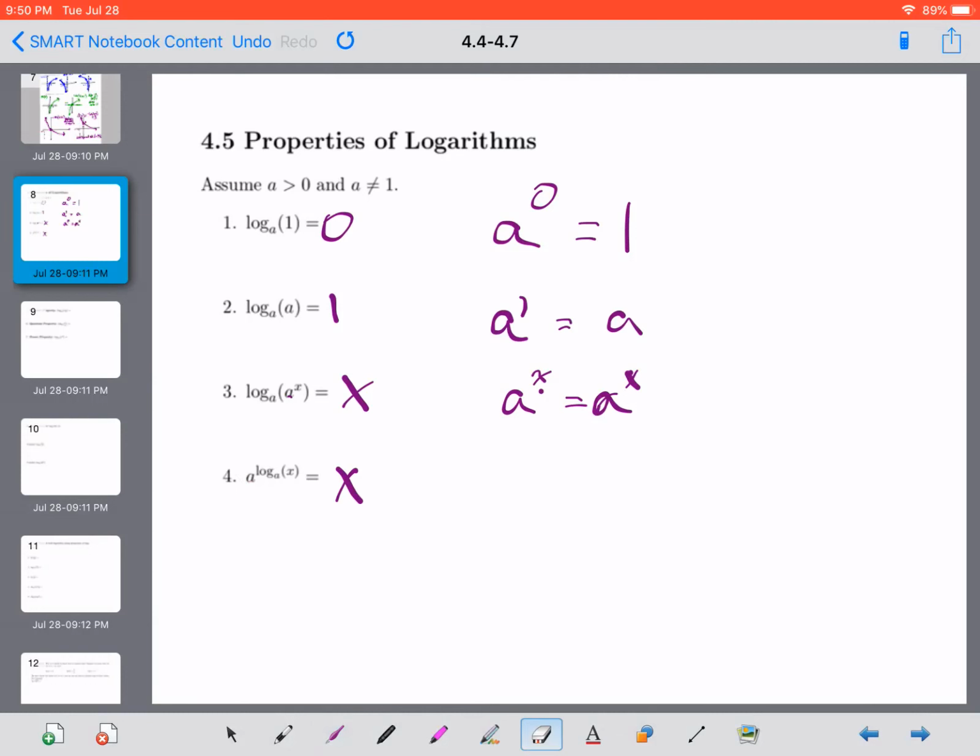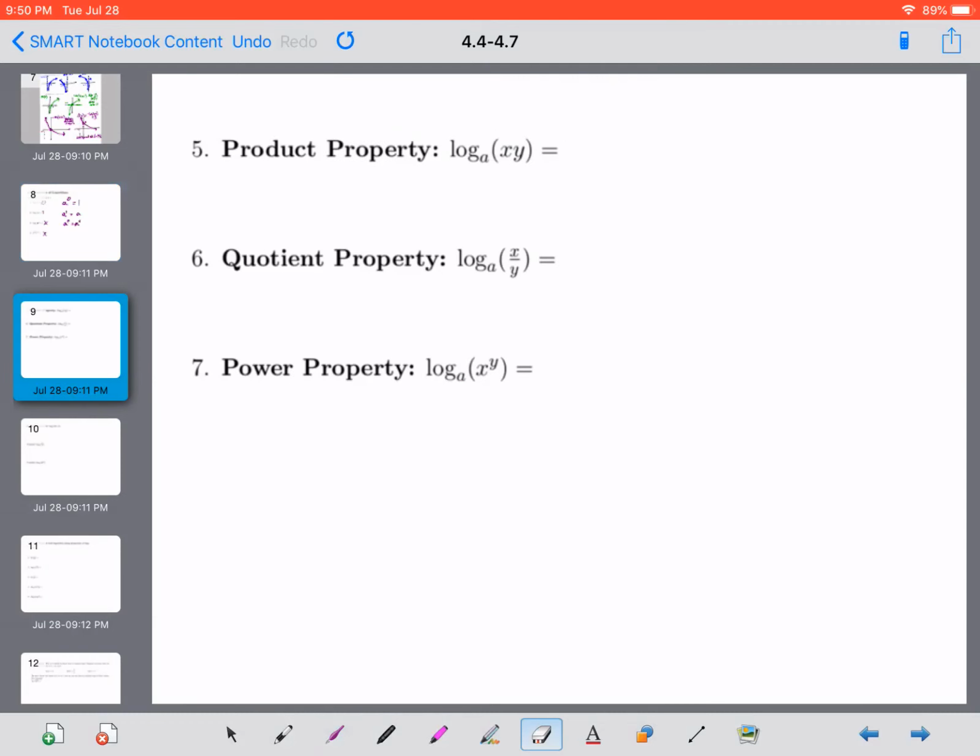But there's some other more interesting properties here. The product, quotient, and power property. And these, unfortunately, are not what you might think they would be. If you have log base a of x times y, then it's not going to be the case that this is equal to log base a of x times log base a of y.